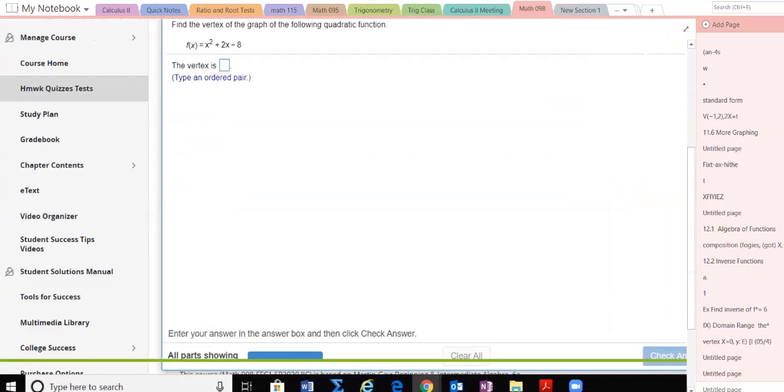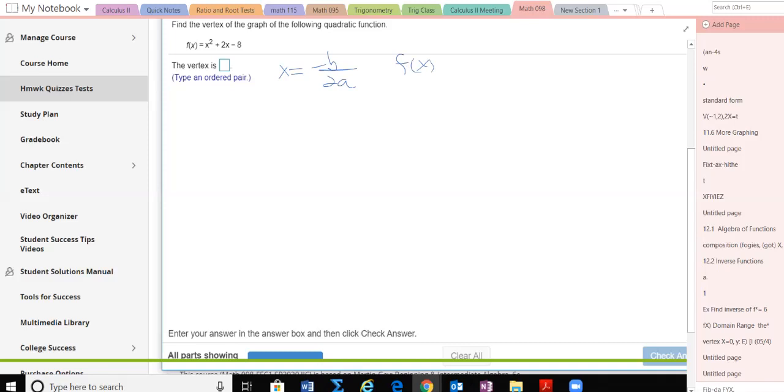So there it is. And what you do is, remember we have lots of ways to do this now. One way is to complete the square. Did that before. Another way is to use x equals minus b over 2a, and then find f of x at that point.